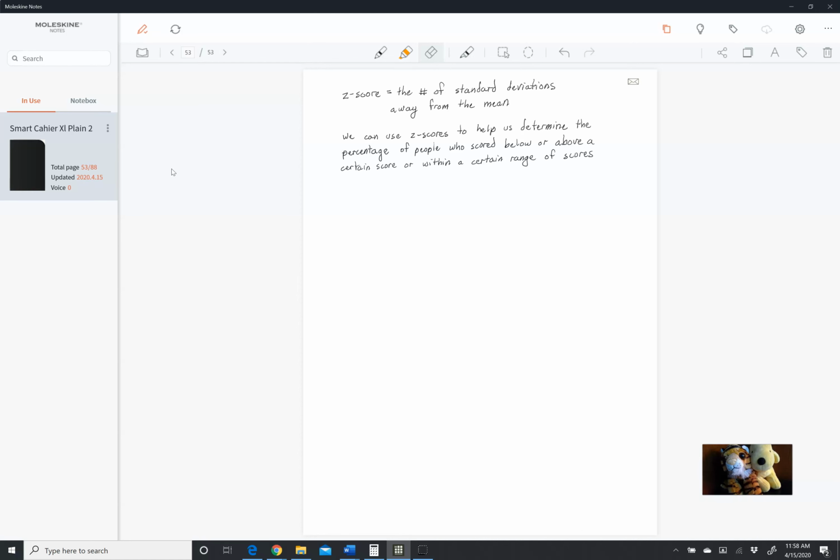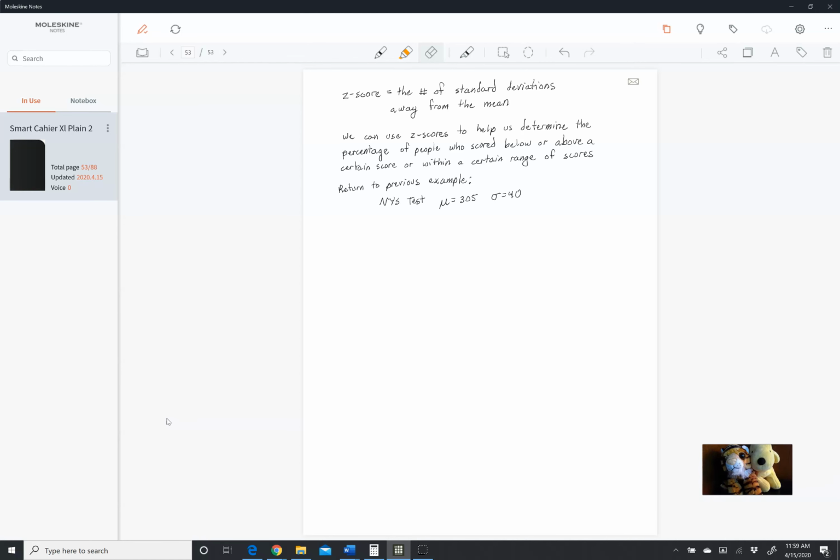So, for example, let's go back to the testing. What we do here is go back. So, New York State test. We said that the mean was 305 and the standard deviation was 40.